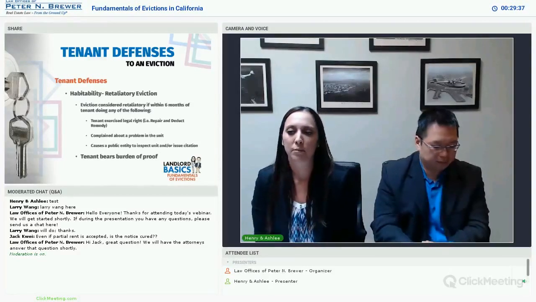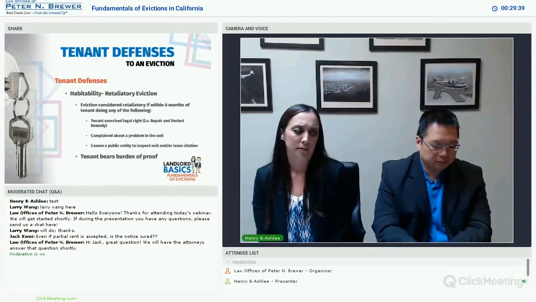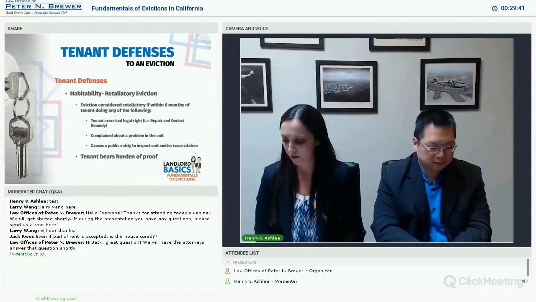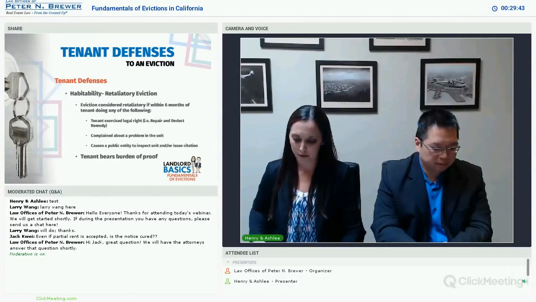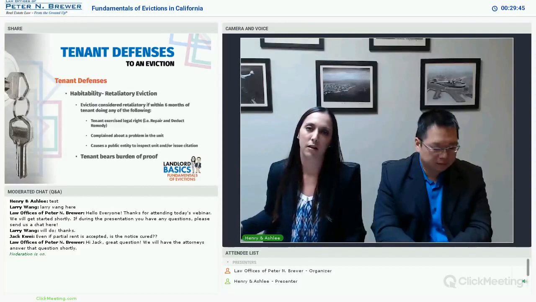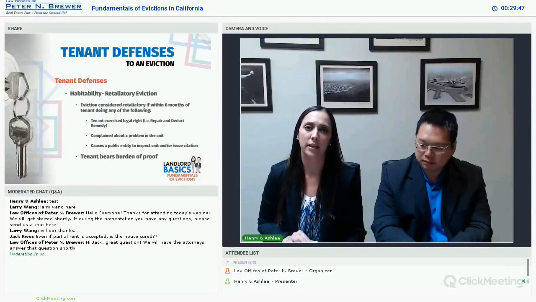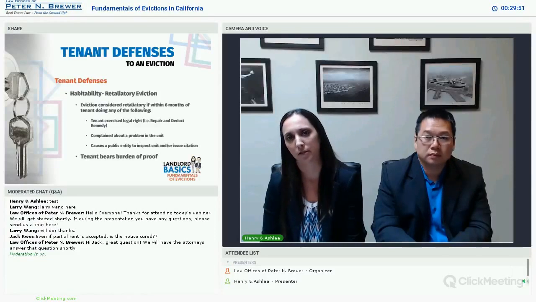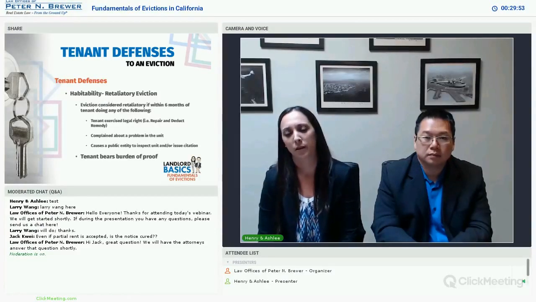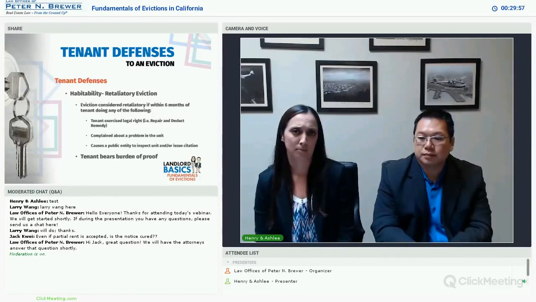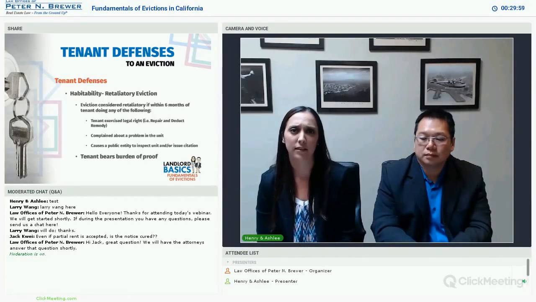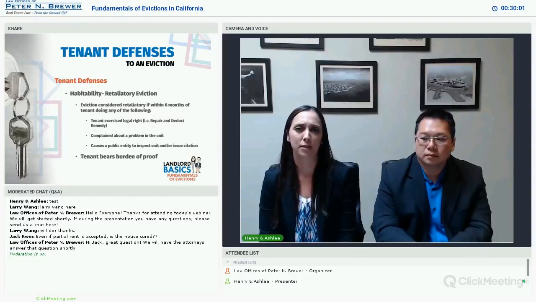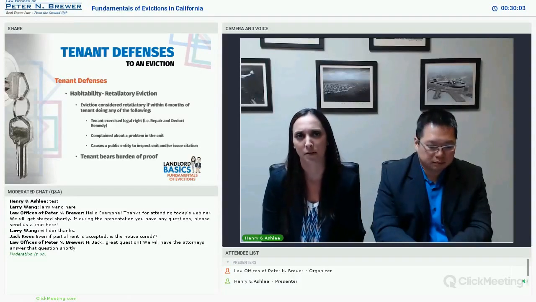Next is habitability, and these end up being retaliatory evictions. What it comes down to is the landlord cannot evict the tenant within 6 months of the tenant doing certain things. So if the landlord evicts the tenant within 6 months of them using a legal right, like for instance, we talked about the repair and deduct remedy in prior webinars.